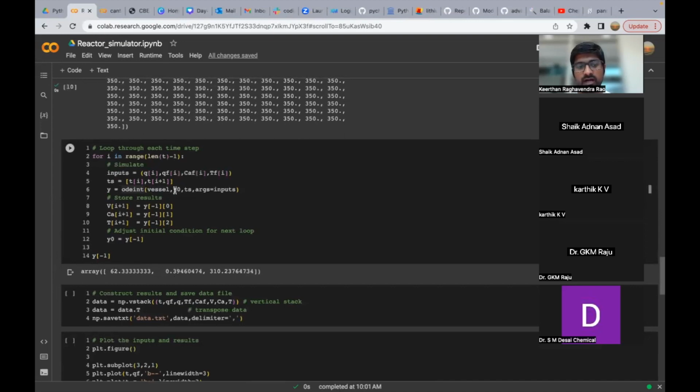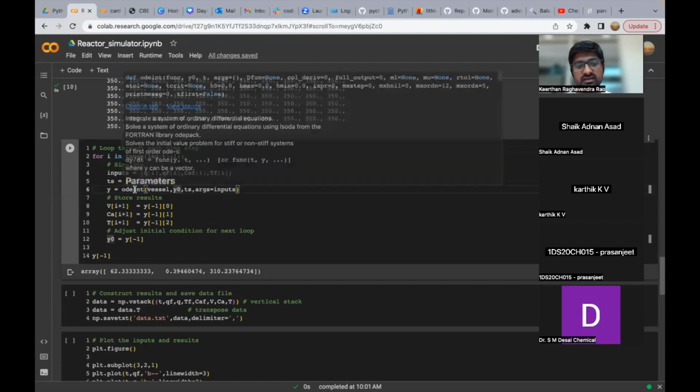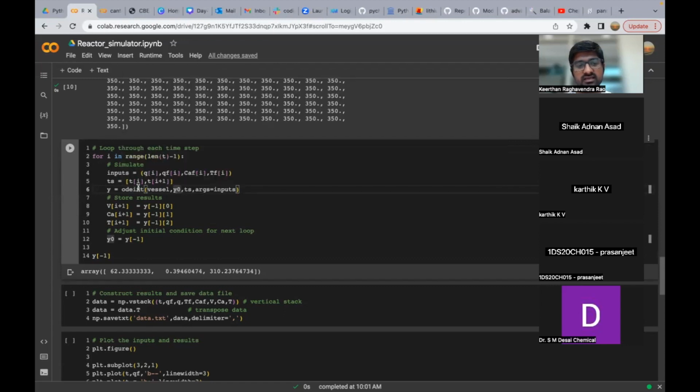Then we have y0. If I'm not wrong, y0 is a list of initial parameters that we had, which is the initial volume, initial feed concentration, and I think initial volumetric flow rate. So we have that, and TS is the time step that we are passing in, and args is one of the arguments with odeint.